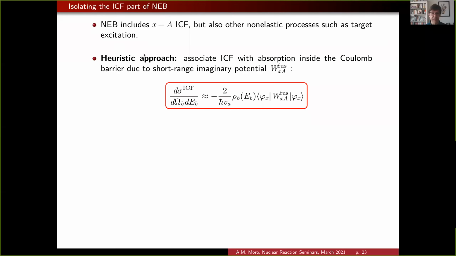Here we use a heuristic approach, similar to the approach that some other people use even at the two-body level, that is to associate the incomplete fusion, or the fusion, with the absorption that takes place inside the Coulomb barrier due, for example, to some short-range deep imaginary potential. So essentially we just apply the same formula, the IAV formula. Everything is the same, but here we replace the imaginary part of the potential for the participant particle, the X particle, by a short-range imaginary potential. More or less this is the same as what was presented last week.